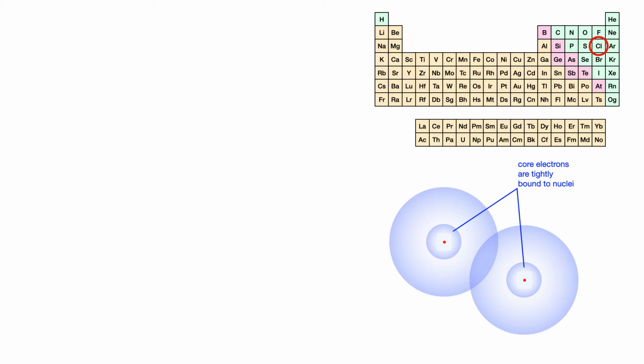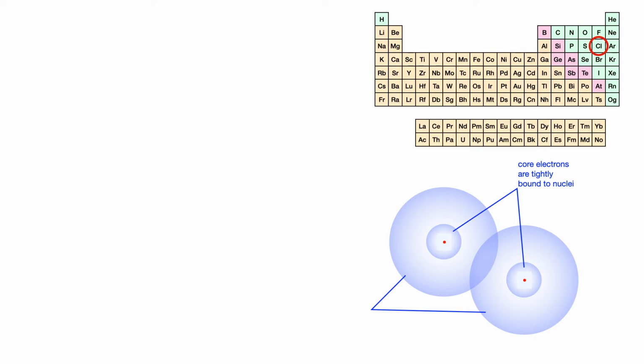But the valence electrons, those electron clouds, are able to overlap, and the exact picture of what happens to those valence electrons becomes very complicated very fast. There's some sophisticated mathematics that we can use to describe the picture, but one thing to keep in mind is that electrons really aren't very smart, and so from the point of view of one of those valence electrons, it doesn't know what an atom is.